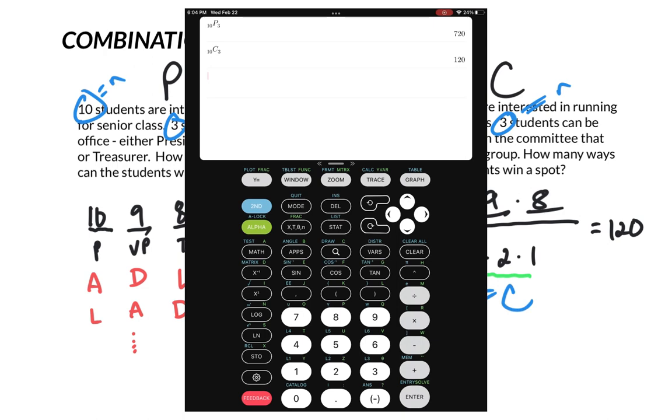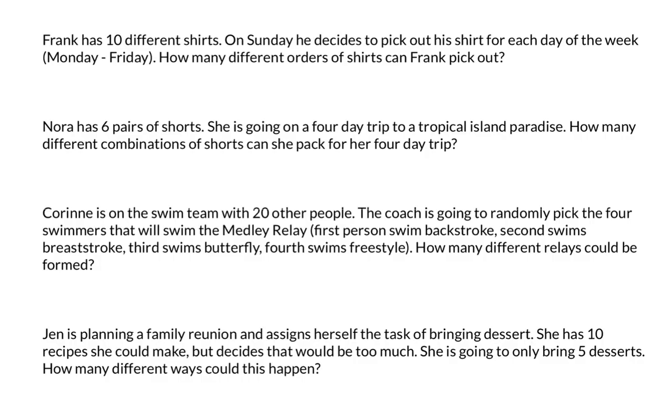Let's do a couple more examples. Frank has 10 shirts. On Sunday, he decides to pick out a shirt for each day of the week, Monday through Friday. How many different orders of shirts can he pick out? Well, in this case, he's picking a different shirt for Monday, Tuesday, Wednesday, Thursday, Friday. So he's got 10 shirts, and he's picking for 5 days.